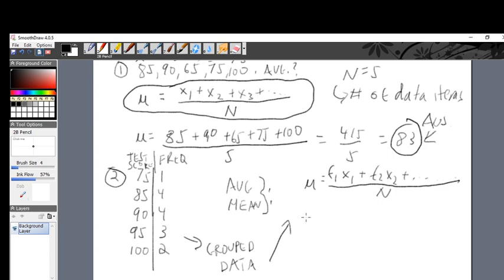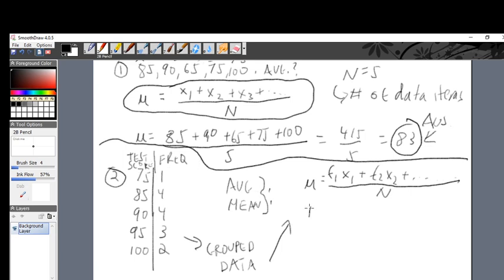Hold on. So let's take our case, problem number 2. I want to separate problem number 2 from problem number 1 so we don't get confused. Okay, so here it is. What is f1? It's just plain 1.